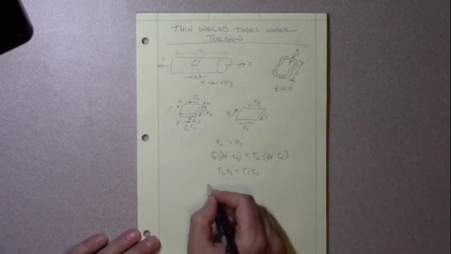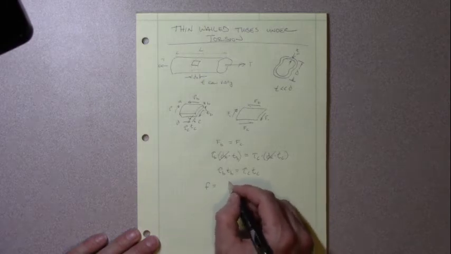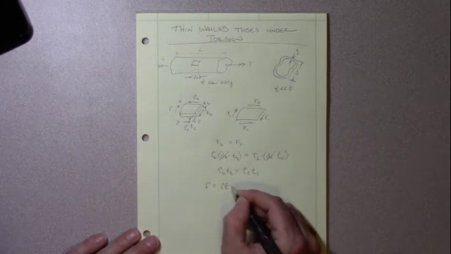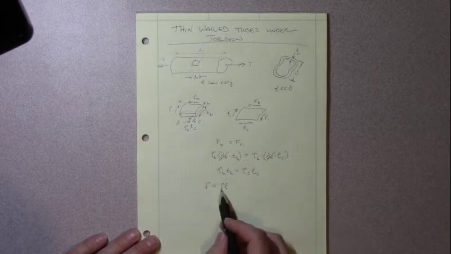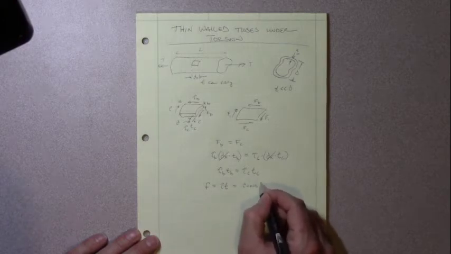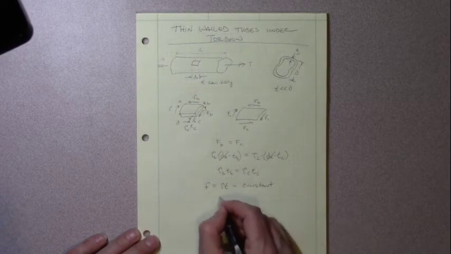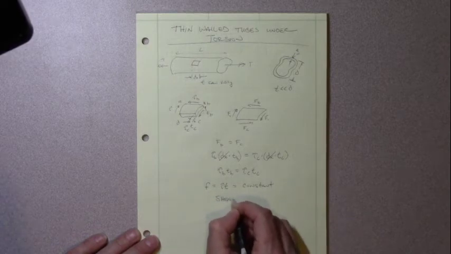And in this case, we're going to have a term called f, and f is tau times t. So the shear stress times the thickness remains a constant. And in this case, that is called shear flow.